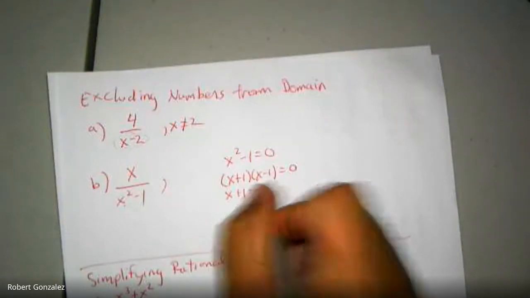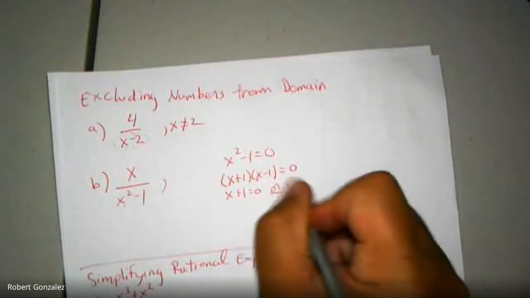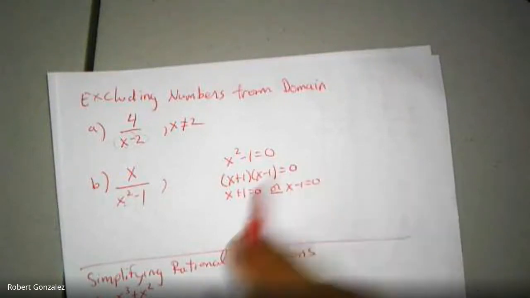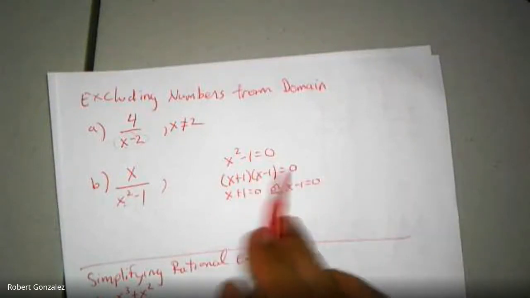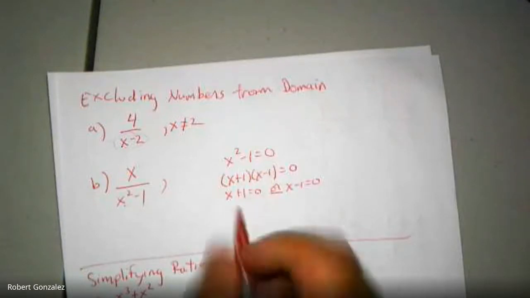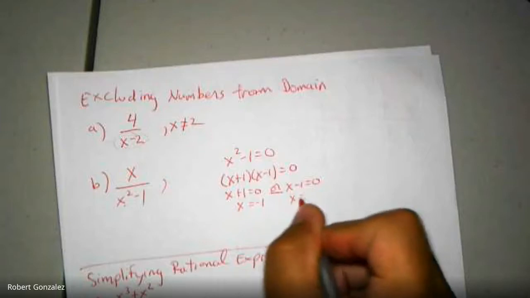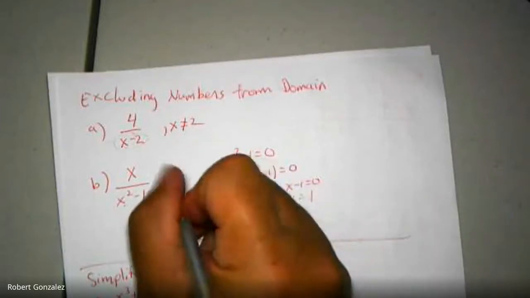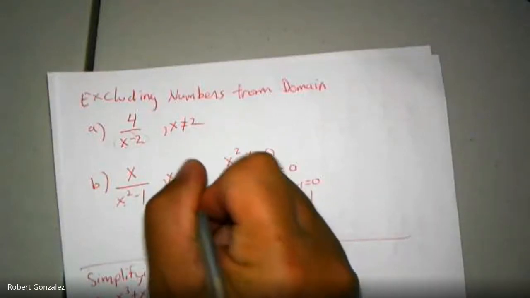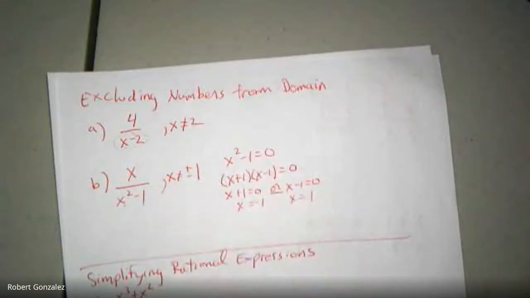X plus 1 equals 0, or x minus 1 equals 0. When you have a product equaling 0, one of the factors must equal 0. This one becomes negative 1. This becomes 1. My excluded values are positive and negative 1.